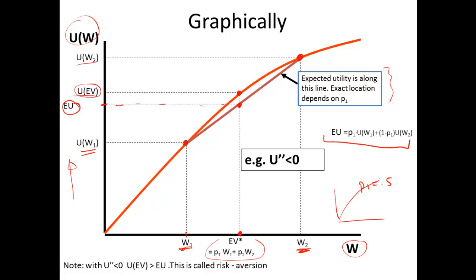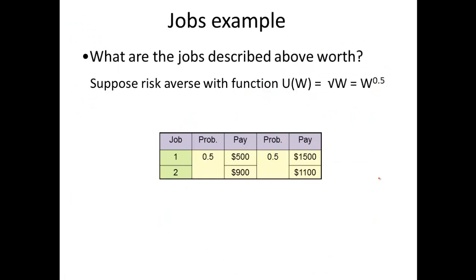All right, let's continue. In fact, let's evaluate the jobs examples in terms of this theory. In order to do this, we need to say exactly what the utility function is. So let's use the utility function u of w equals the square root of w, another way to say that is w to the 0.5.